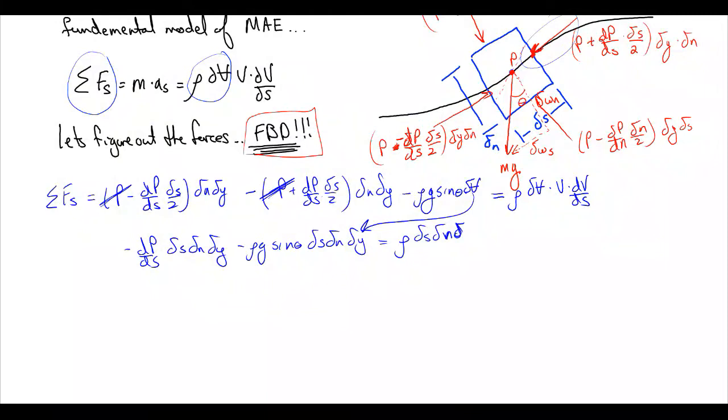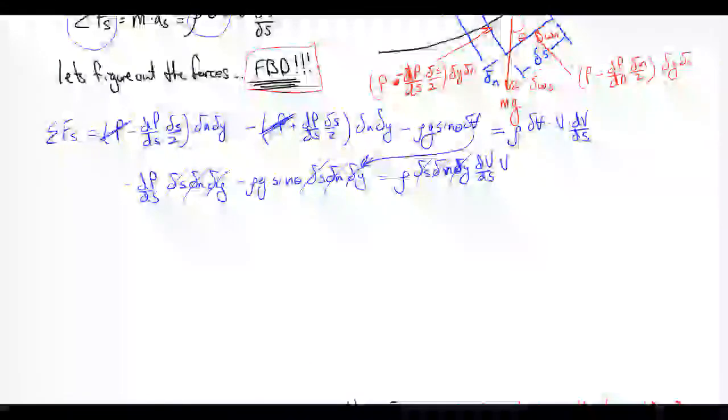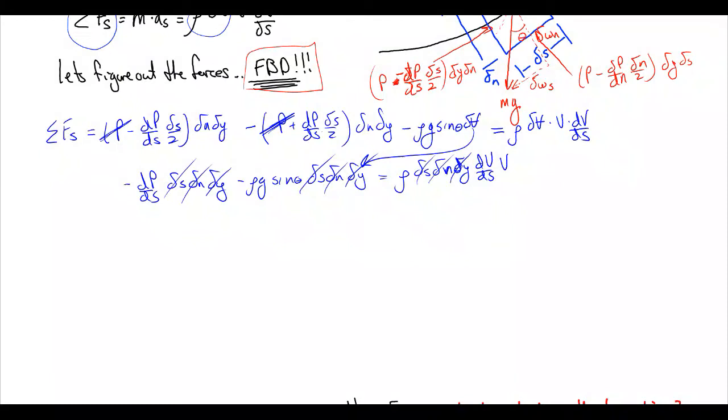Great. So now the most fun thing in all of engineering, at least until you actually do engineering, is canceling stuff out. So we cancel a bunch of stuff out, put everything on the same side and then integrate it, and we find that 0 is equal to the integral of dp ds, and we're going to divide everything by the density.